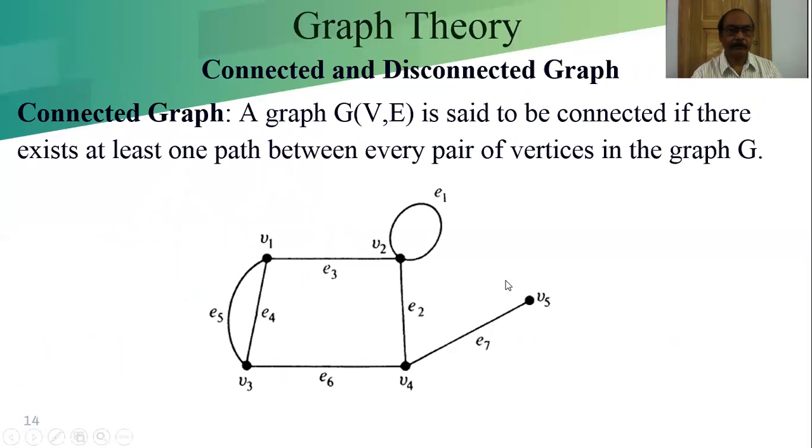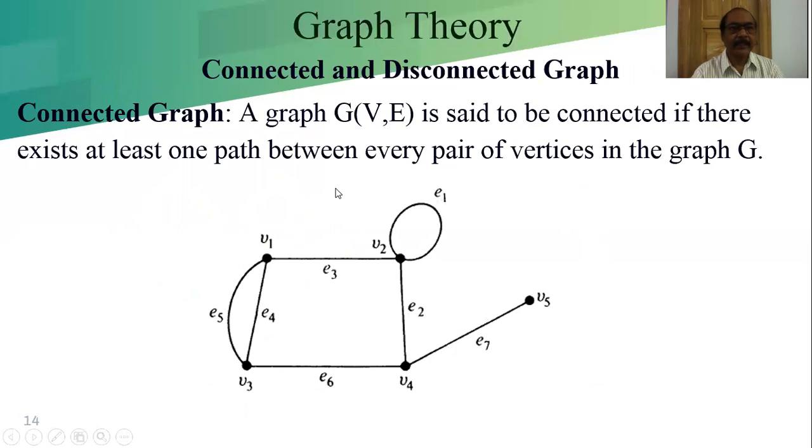Connected graph. We learned about connected and disconnected graphs in the first or second lecture, I think, in a previous class, where I explained a little bit what connected and disconnected graphs are.